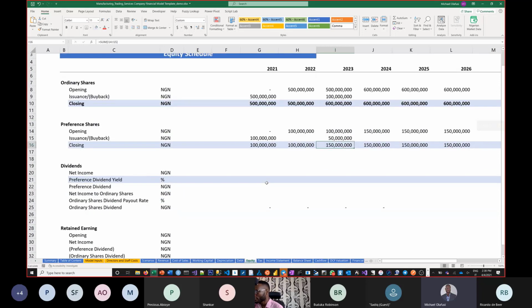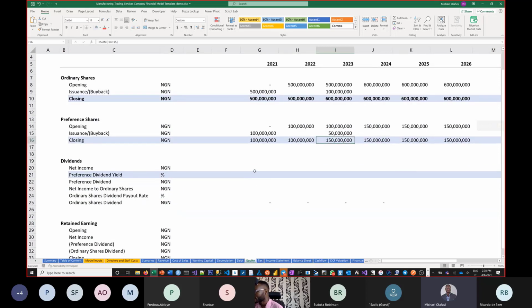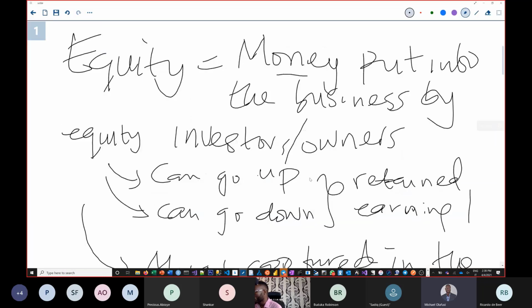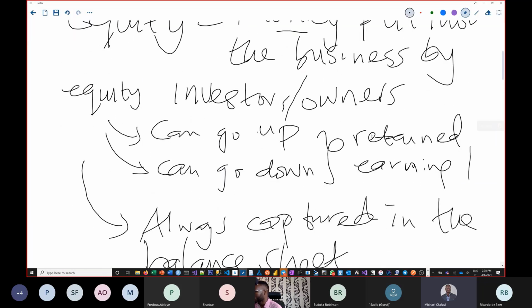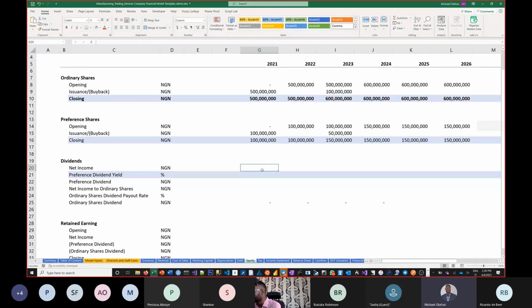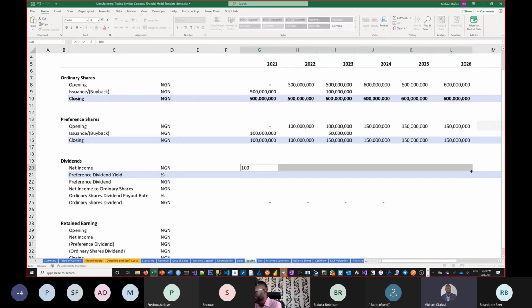Okay, so now that we are done with that part, the next part is when the company makes profits. Remember I explained that your equity can go up and it can come down, and the difference is retained earnings. So let's say the company made some profit. Every year, let's put it in a very easy way, the company makes a profit of 100 million naira.